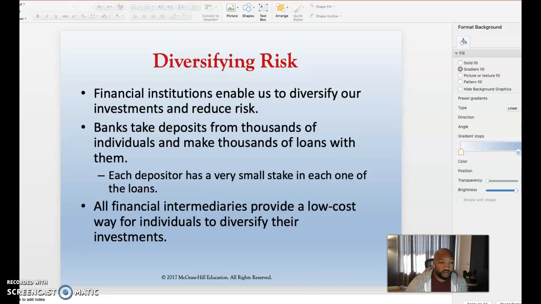Skipping ahead to slide 16 is diversifying risk, and it's the next function of financial intermediaries. Diversifying risk, and I'll go back to my example of the mortgage, where you have 200 people who each take $1,000 to make a $200,000 mortgage loan.